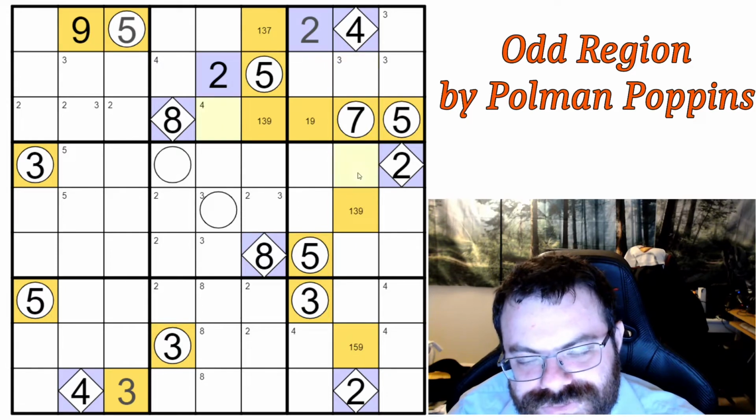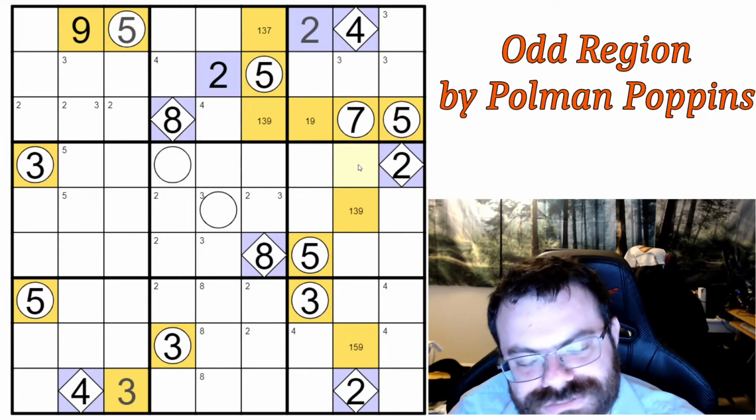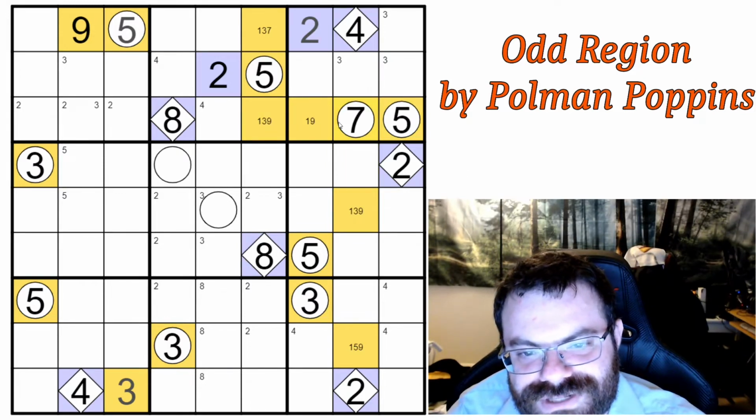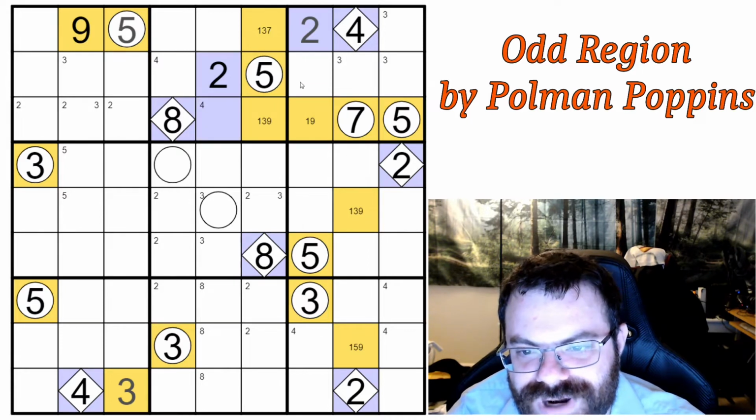Or those? So I mean this is always odd. So if this 7 doesn't take this one, if this were blue, it needs 2 more odds, and it can't take this one to make an odd, because then it would also have to take this one, and it would have too many. So it has to take this one. This one has to be odd.